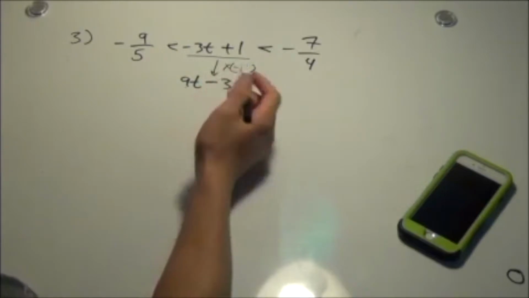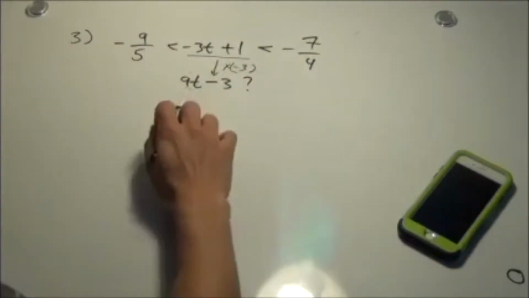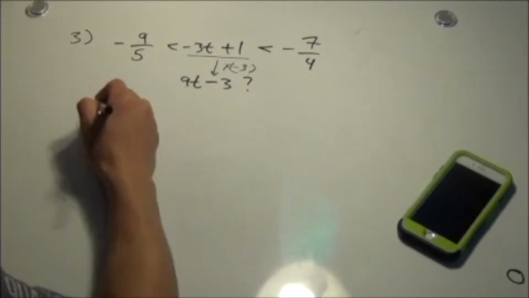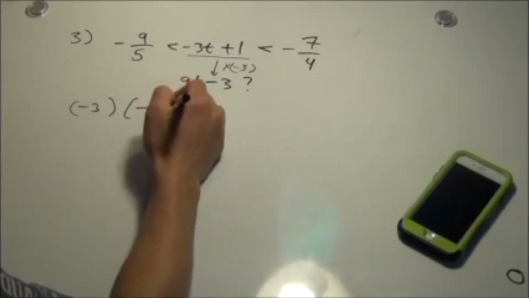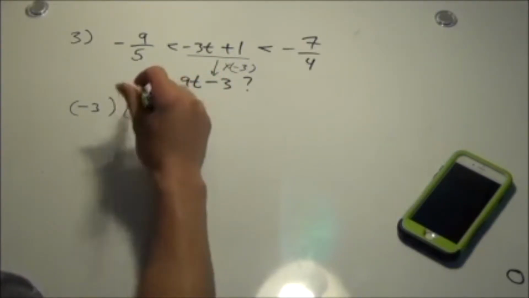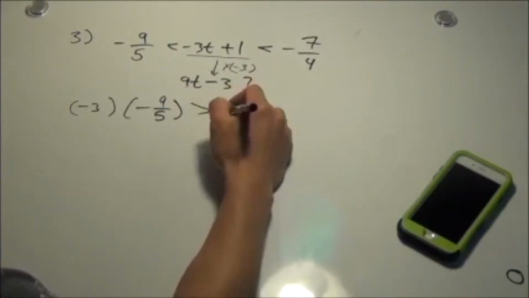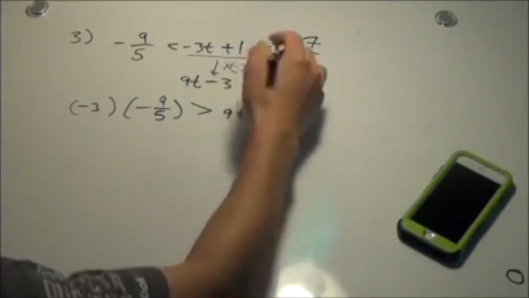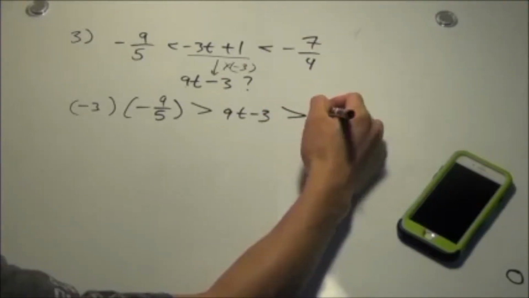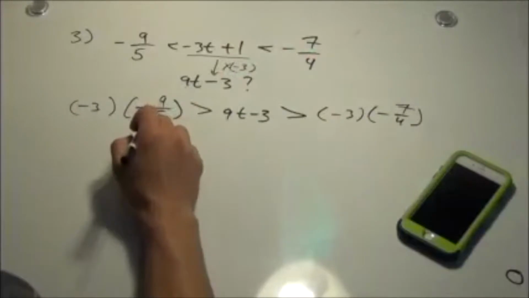So we'll multiply the entire inequality by negative 3 and see what happens. So negative 3 times negative 9 over 5. Now we have to be careful here: when you multiply by a negative within an inequality, you have to flip the inequality. So now we get our 9t minus 3 that we wanted, and again, flip the inequality, negative 7 over 4.